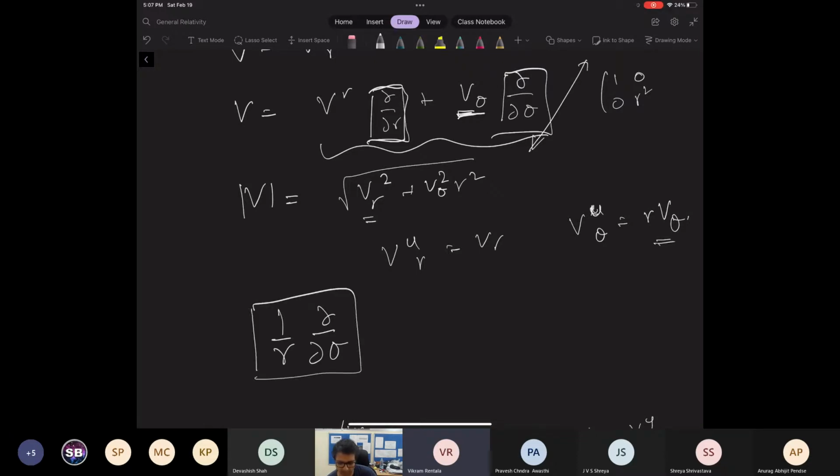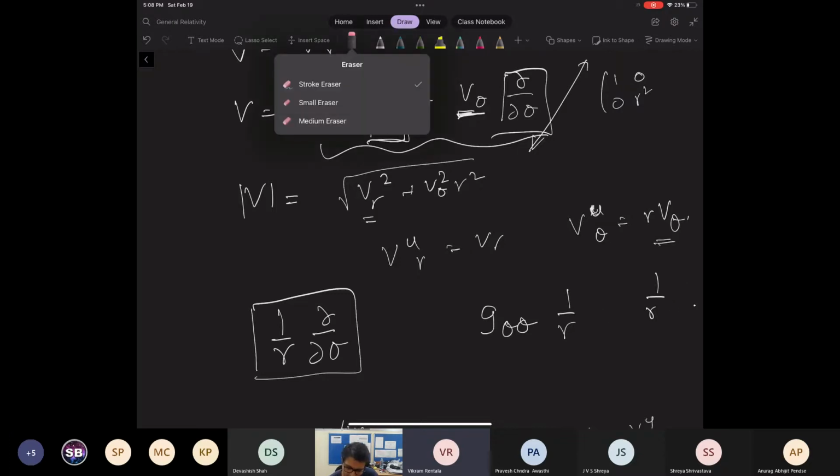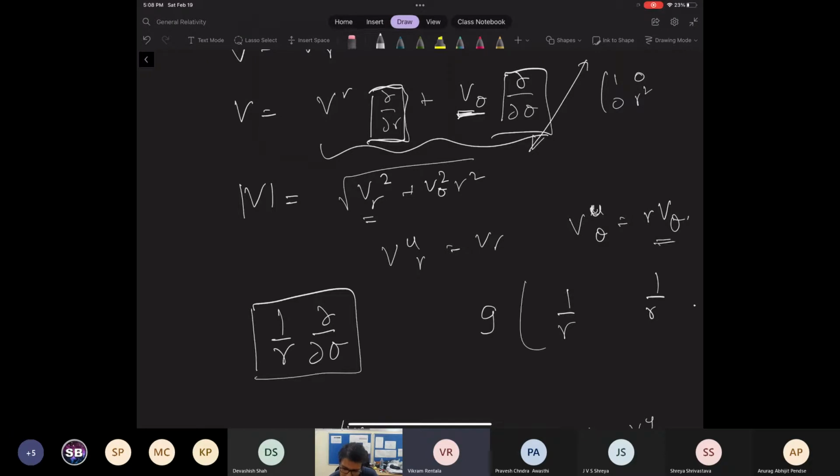This has unit magnitude. You can easily see this because if I take g_θθ acting on (1/r) ∂/∂θ, (1/r) ∂/∂θ, or if I want the magnitude of this, you can think of this as taking the action of g on this vector.